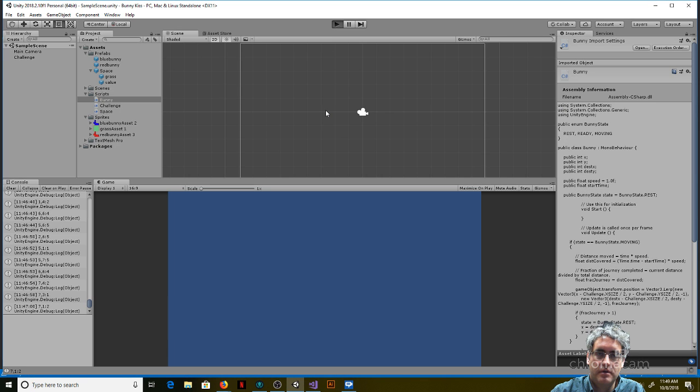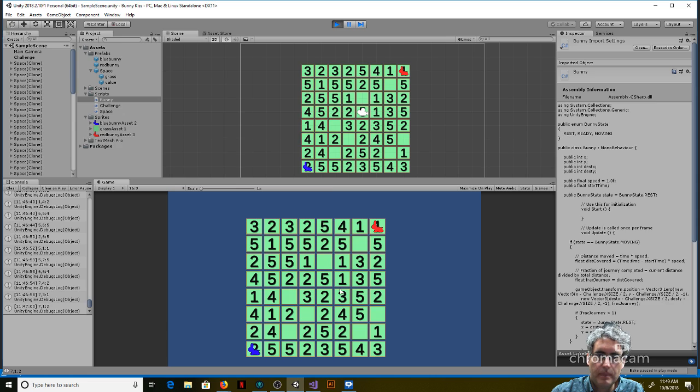Let's move those bunnies faster. Took 1 second. Took 1 second. Great. That's what I was hoping for. Much better. Three. Yoink. Very good.